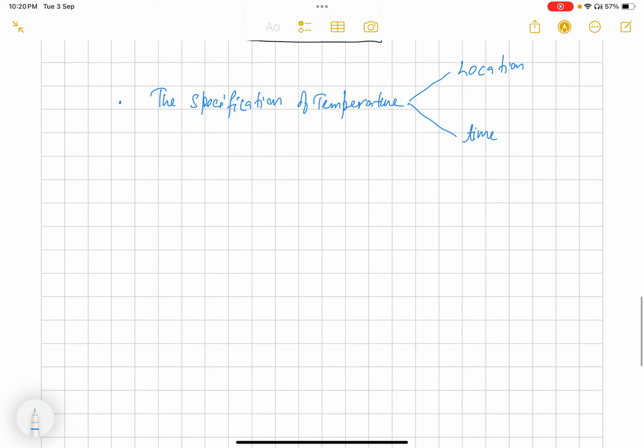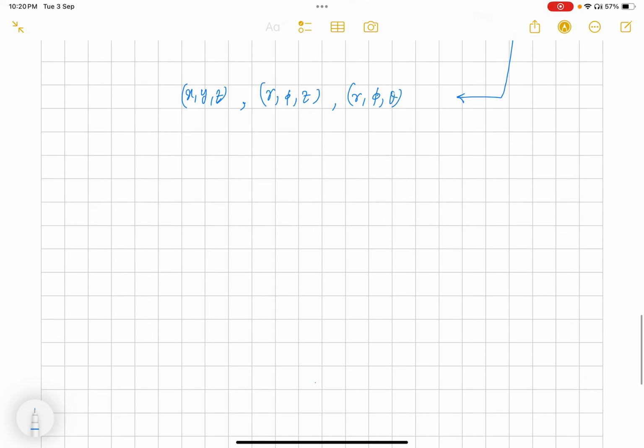The location we can specify in generally three main coordinate systems: Cartesian, cylindrical, and spherical. We will see what these are.